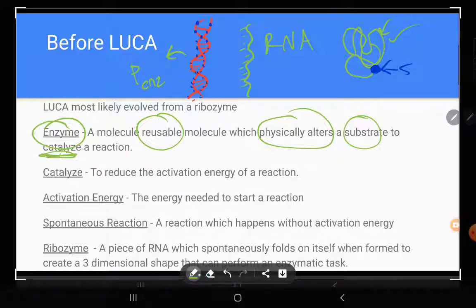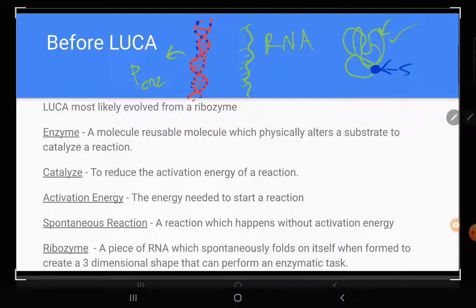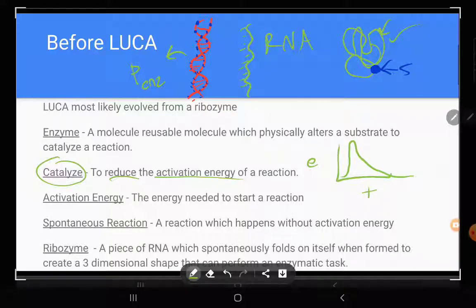It grabs a substrate and uses it to catalyze a reaction. Catalyze means to speed up a reaction and make it possible. To catalyze is to reduce the activation energy. We've talked about activation energy before. Basically, during any reaction, a certain amount of energy is needed before the reaction can occur. Actually, I drew that a little bit wrong.